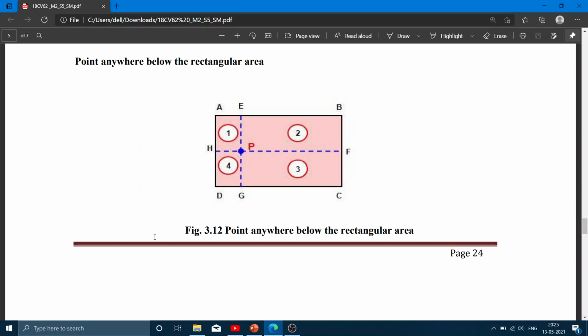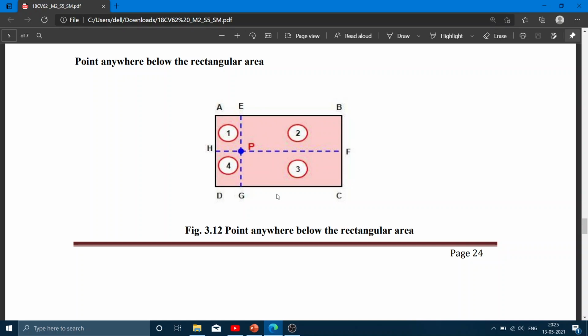The rectangular area is subdivided into rectangles such that each rectangle has a corner at the point where the vertical stress is determined, using the principle of superposition. The following cases can occur. The point anywhere below the rectangular area.